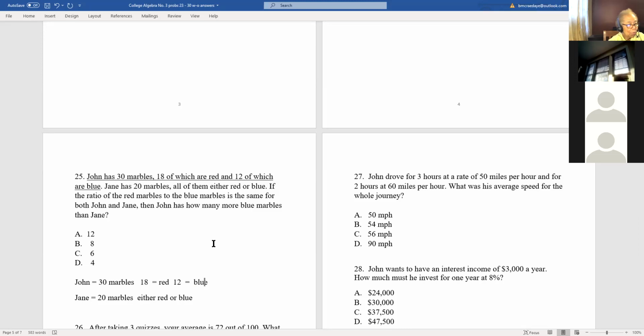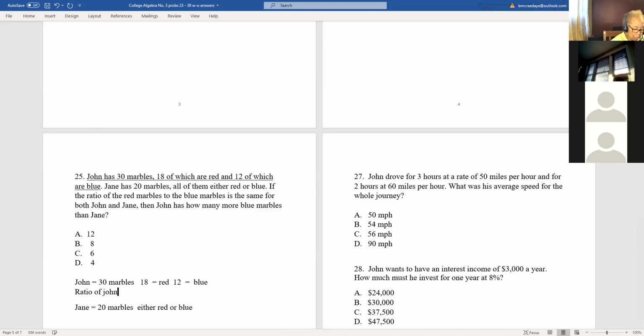So if the ratio of the red to the blue is the same for both John and Jane, what I want you to tell me, Latoya, is the ratio of John's red to blue marbles. What is that?